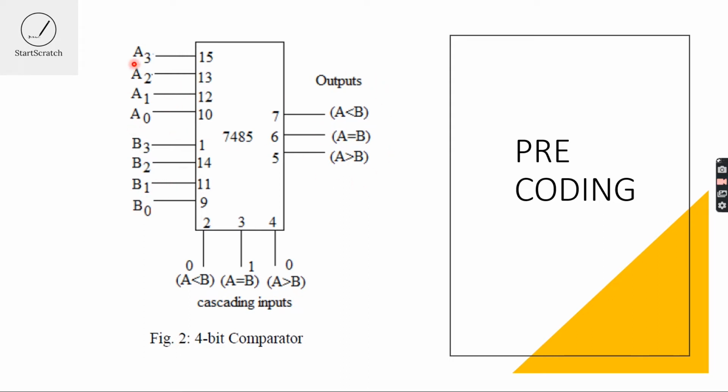And coming to the 8 inputs, they are divided into 2 parts, that is first 4 and second 4. First 4 is considered as a single binary number with 4-bit, and second 4 numbers are considered as 4-bit binary number.